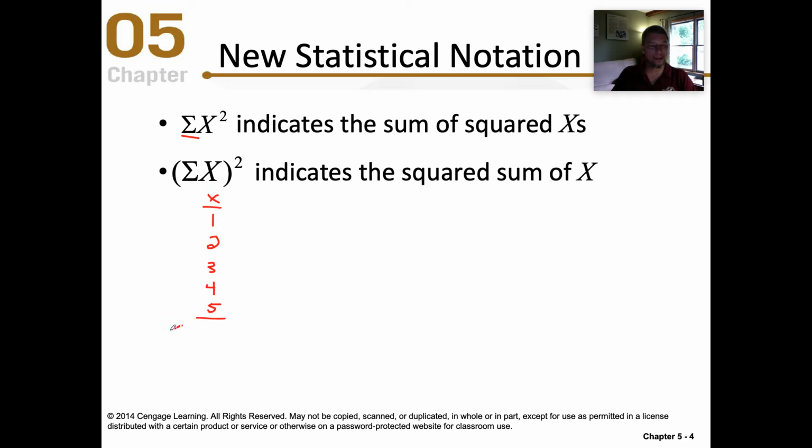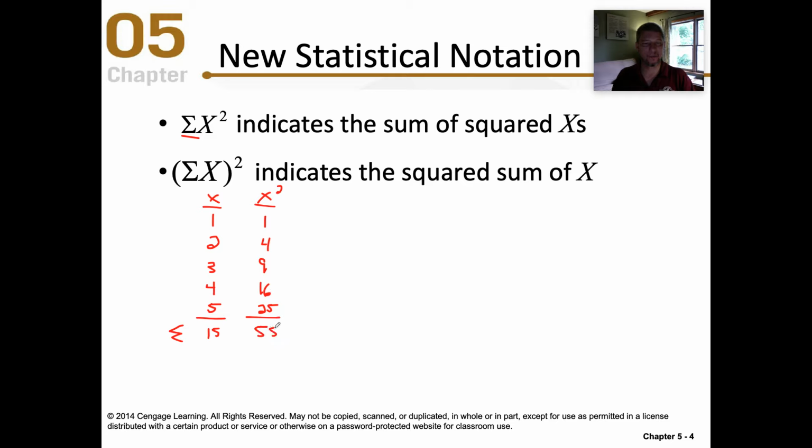If I add these up, the sum of them is 1 plus 2 is 3, plus 3 is 6, plus 4 is 10, plus 5 is 15. Now, the values of x squared are, of course, 1, 4, 9, 16, and 25. And if I want to calculate the sum of x squared, it's 1 plus 4 is 5, plus 9 is 14, plus 16 is 30, plus 25 is 55.